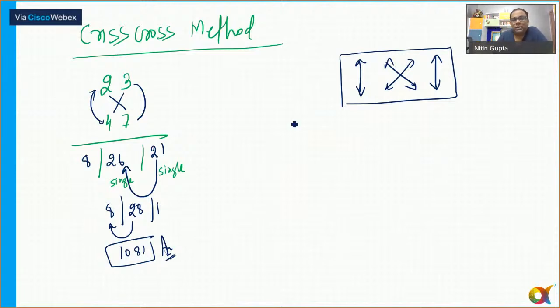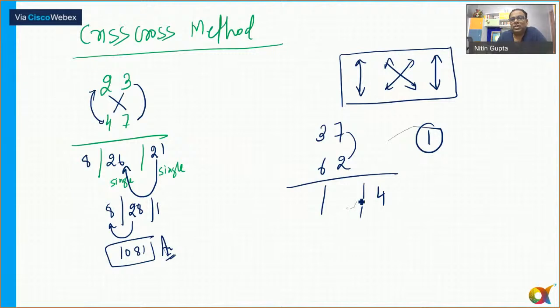Let's say, for example, I need to multiply, now I'll do the calculation in a single line, let me take any number at random, 37 into 62. I'll do it orally now. 7 2s are 14, 4 carryover of 1.